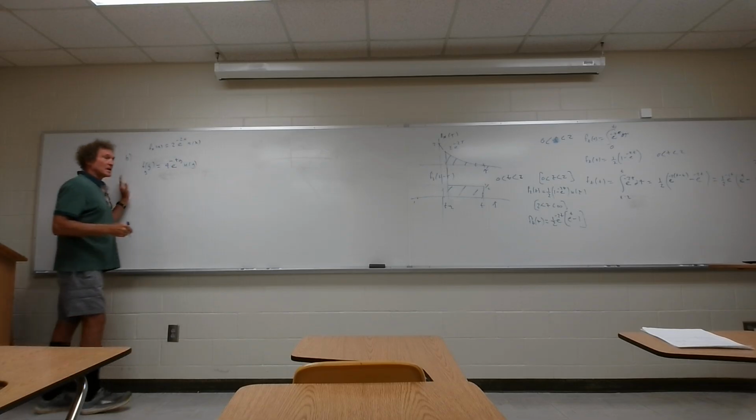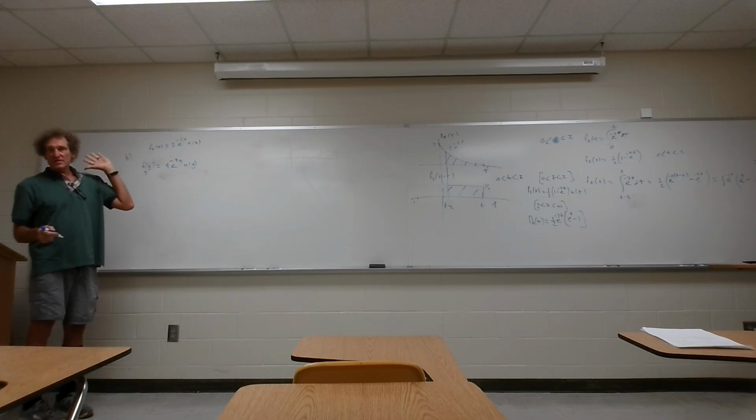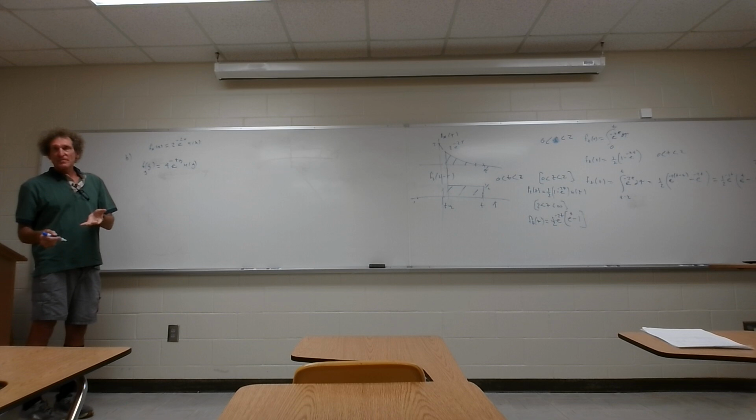Did y'all agree with that? Now this one, you can do it by the flip and shift method. It's a little aggravating. But remember what I told you on these things? What was the easy way to do it? I'll do it the easy way, then I'll flip and shift.